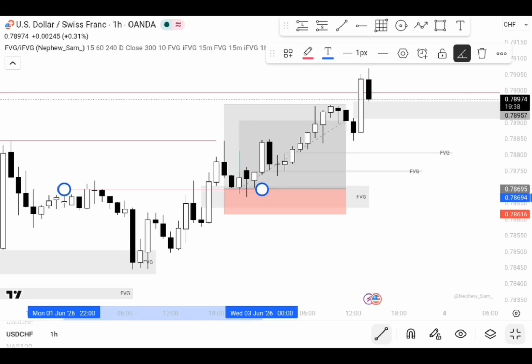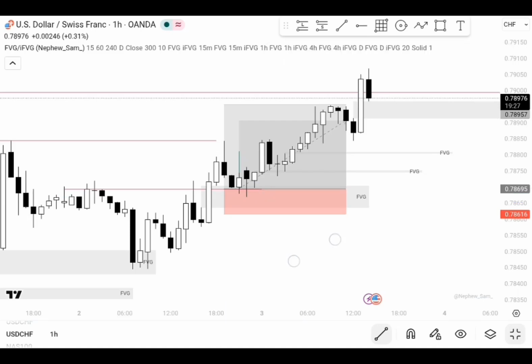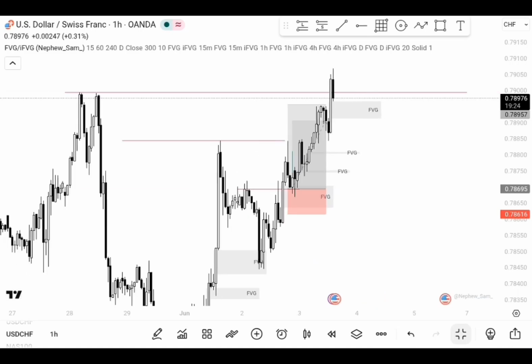But I wasn't too confident because it's actually a bearish market. In a bearish market, sometimes you might not really get up to that particular point that you think the market will get to, right?